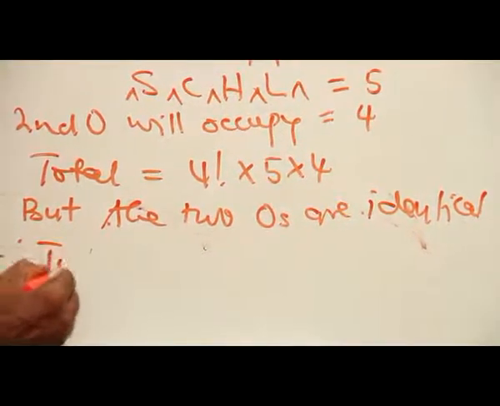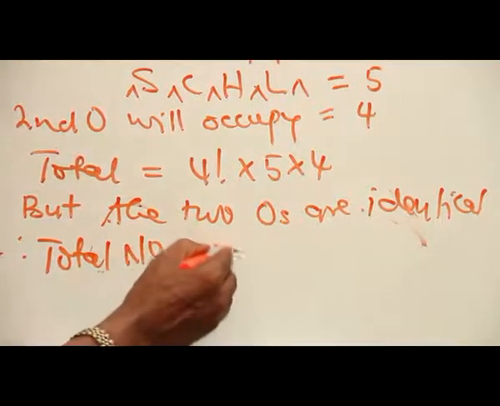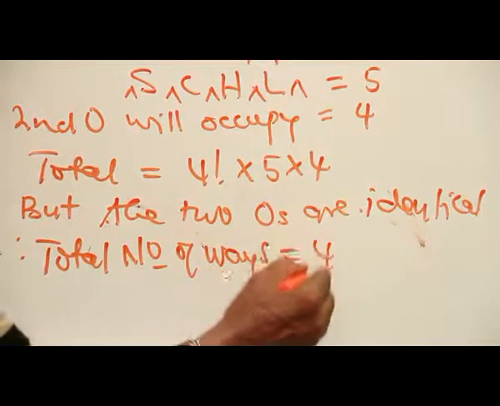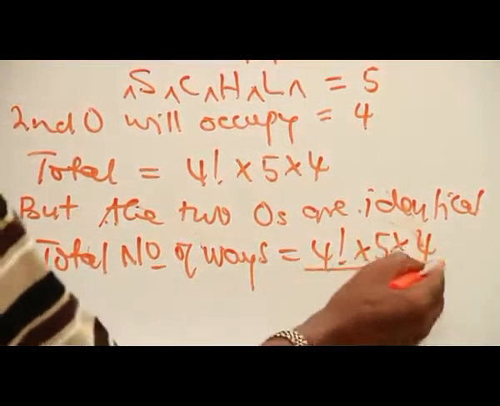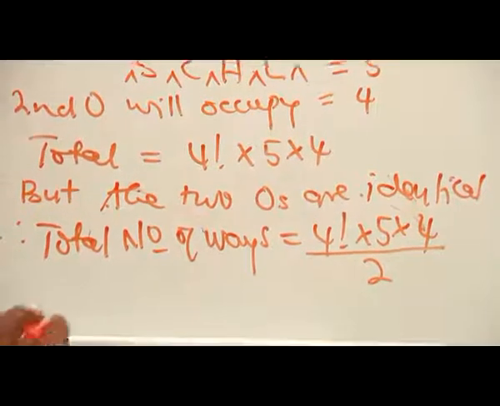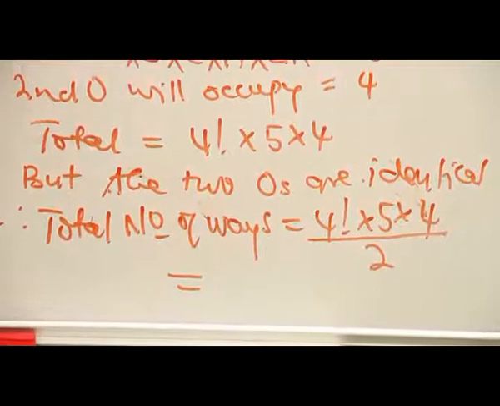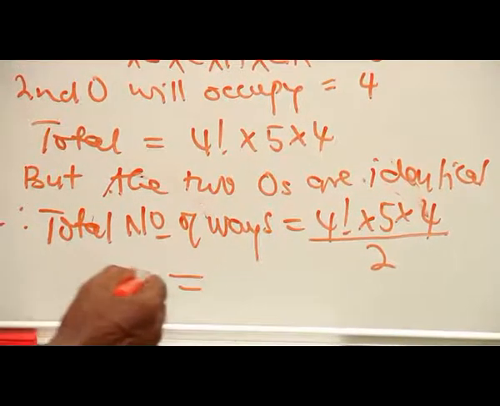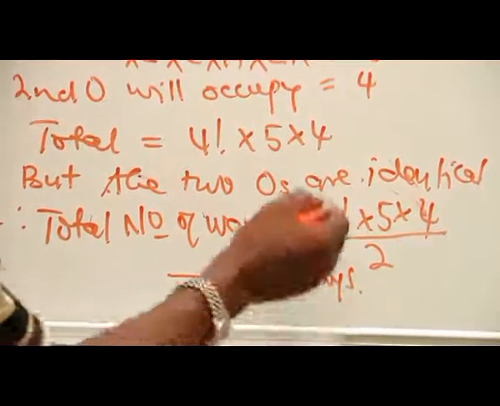Therefore, the total number of ways will be equal to 4 factorial times 5 times 4 divided by 2. And so when we solve this, you will have 240 ways.